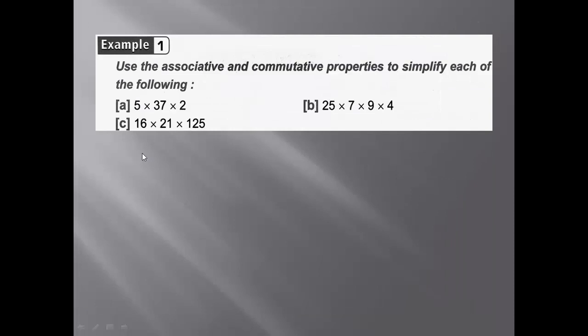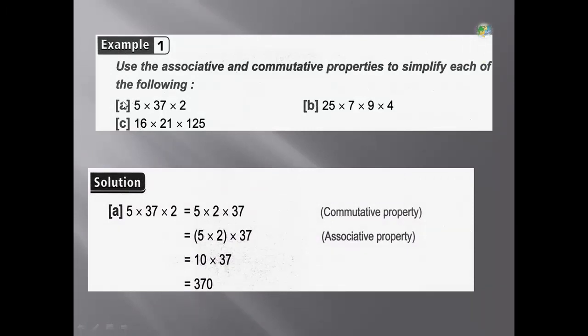Fine. For example, use the associative and commutative properties to simplify each of the following. A: 5 times 37 times 2. B: 25 times 7 times 9 times 4. C: 16 times 21 times 125. Fine.